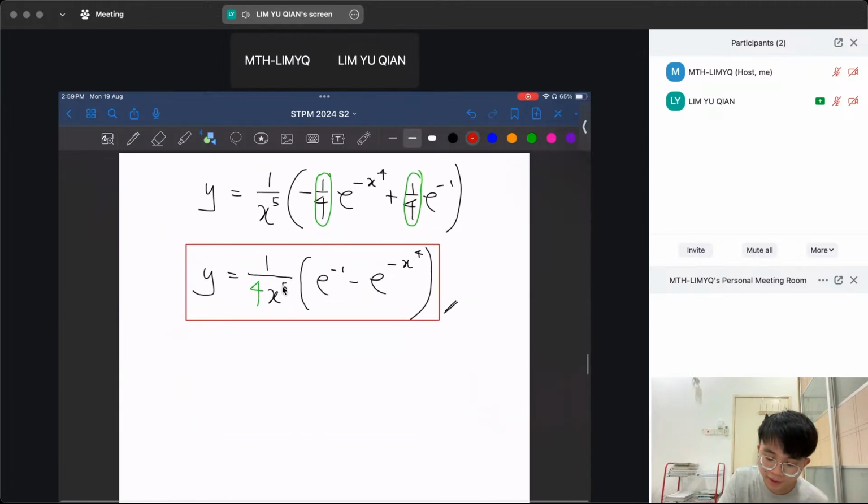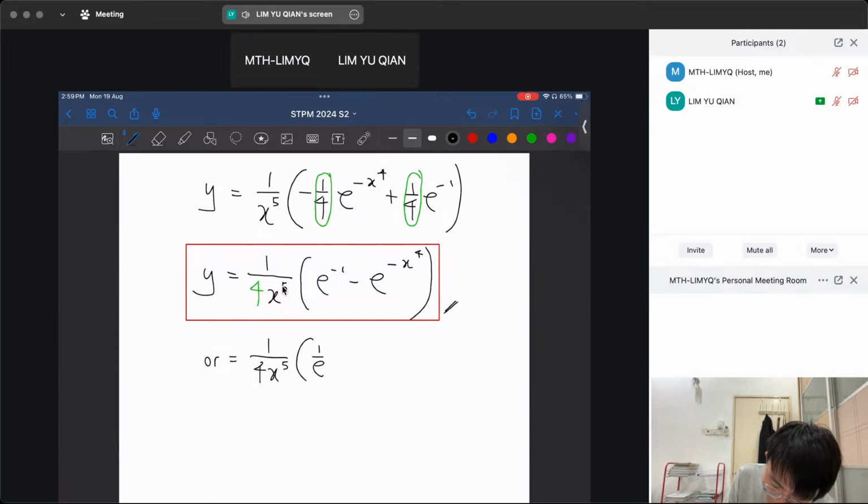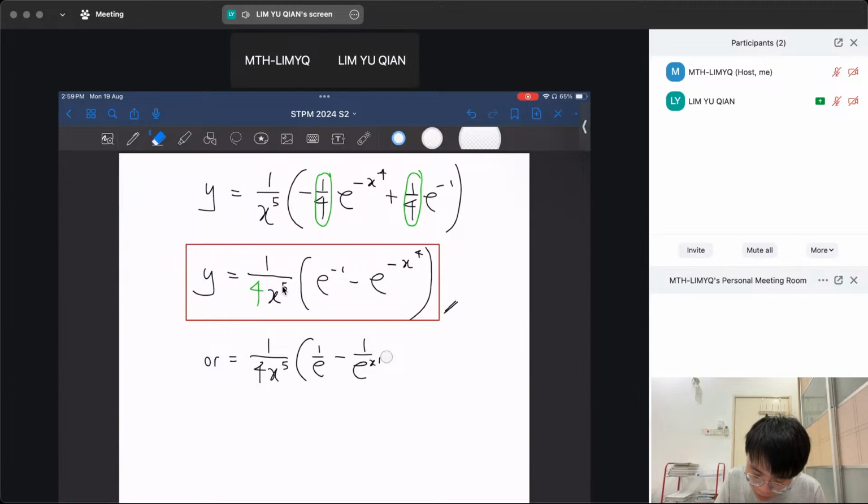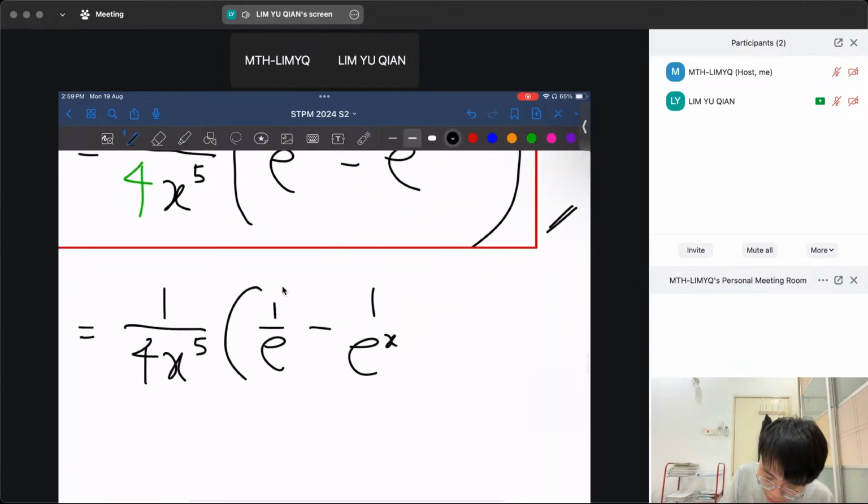If you want 1 over e also okay. Or you can write as 1 over 4 x power 5 times 1 over e minus 1 over e x power 4. This one also okay.